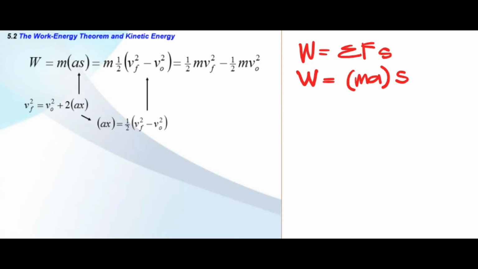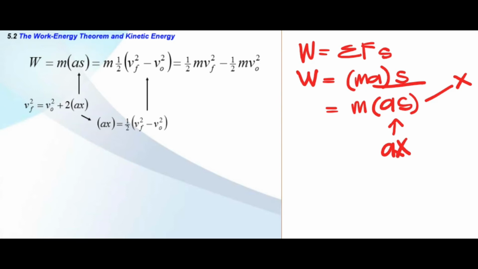If we go back to our kinematic equation, we have the product of acceleration and displacement. In our kinematic equation, displacement is denoted by x, so this is also ax.